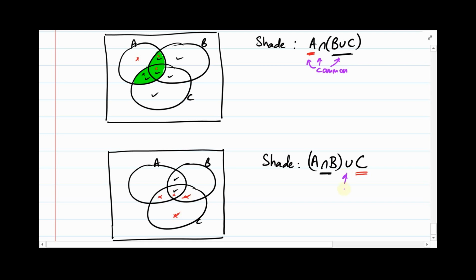I'm using a union. A union is a joining of the two sets. So anything that is marked will be in my final solution. So my final solution would have all of this shaded region. So I hope that this example has shown you that it's important for you to look carefully at your brackets and follow your order of operations as you go along.